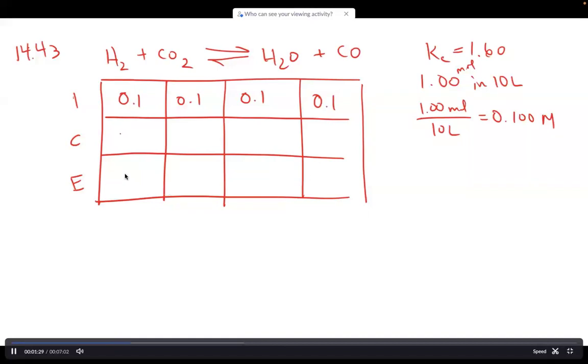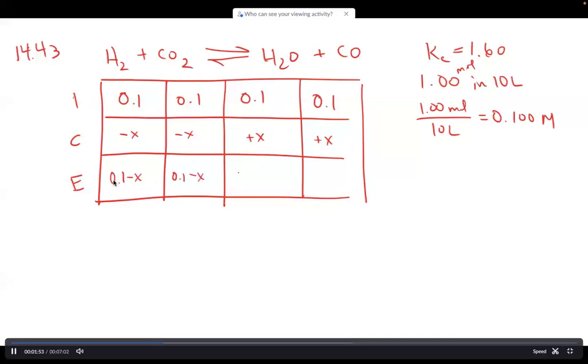First, I would set it up in terms of X. Hydrogen reacts, so we lose X. Carbon dioxide, they're 1 to 1, so I'm going to subtract X for both of those. And again, our products are 1 to 1 as well, but here we're going to add X to both, because we're making our products as the reaction goes, at the cost of our reactants.